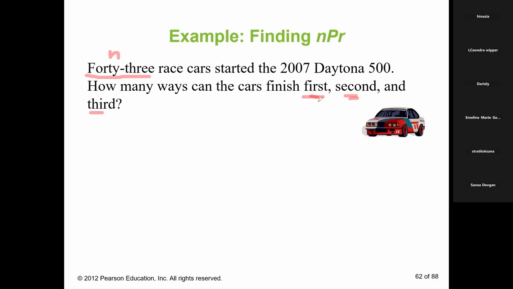Can you see that? Like in the United States, there is a president, right? There is a vice president, and there is someone else.